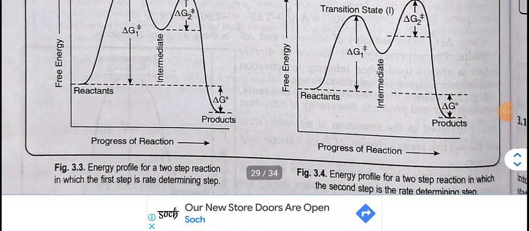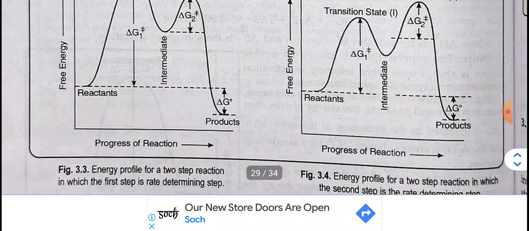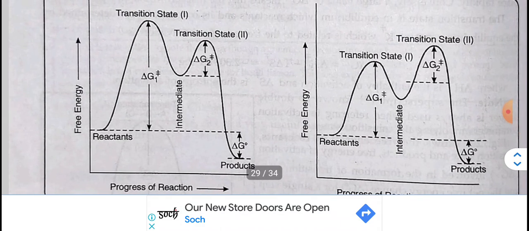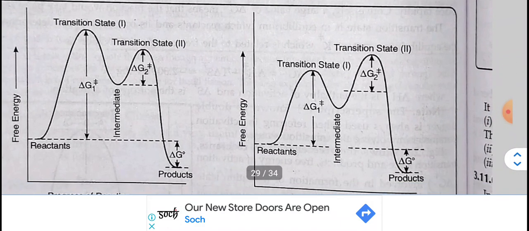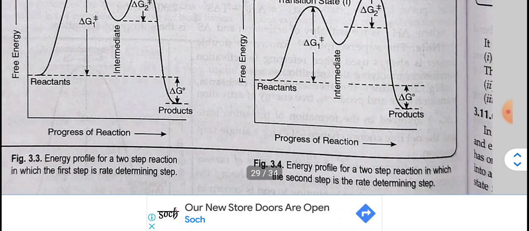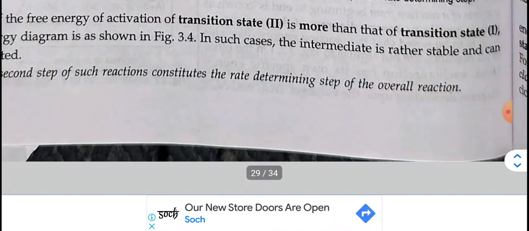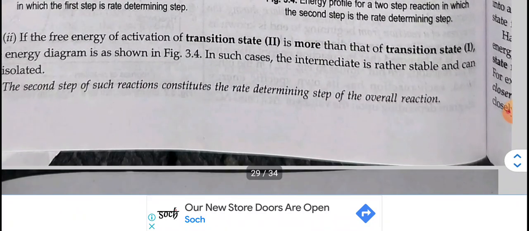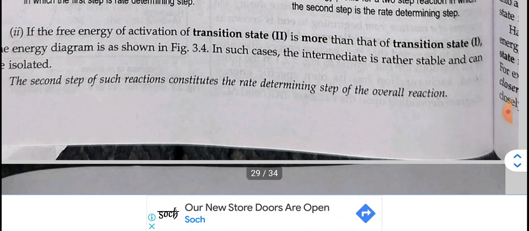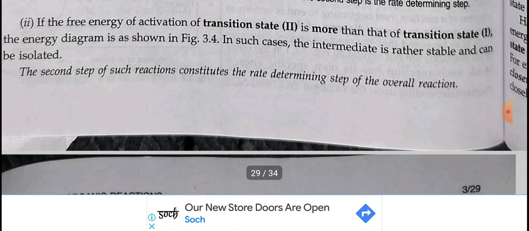Energy profile for a two-step reaction in which the first step is the rate determining step. Then the energy profile of a two-step reaction in which the second step is the rate determining step. If the free energy of activation of transition state 2 is more than that of transition state 1, the energy diagram is as shown in 3.4.